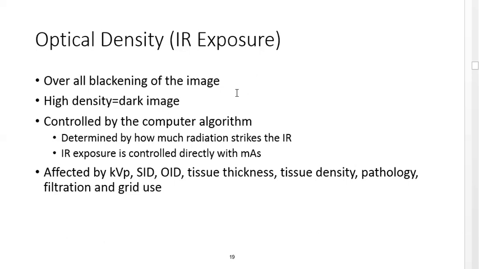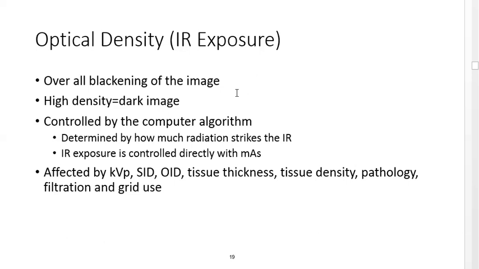Unless you're in those two extremes, then your computer algorithm is going to control your density, and therefore optical density is now image receptor exposure. So anytime I use the word optical density, be thinking image receptor exposure. Anytime I mention image receptor exposure, we'll go back to optical density.